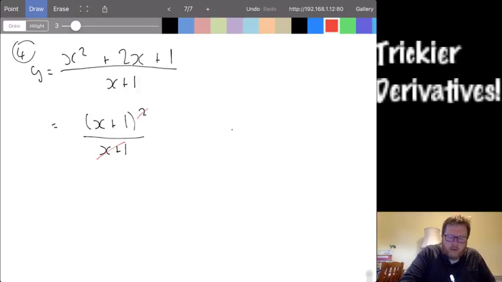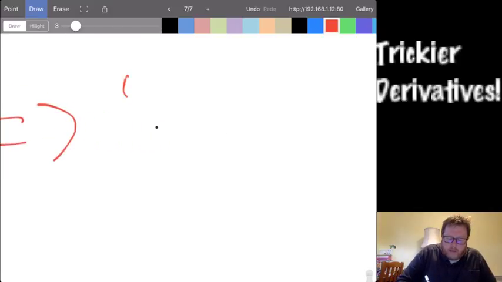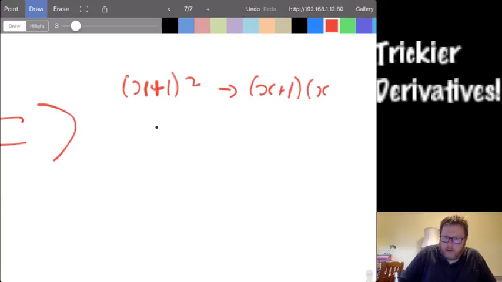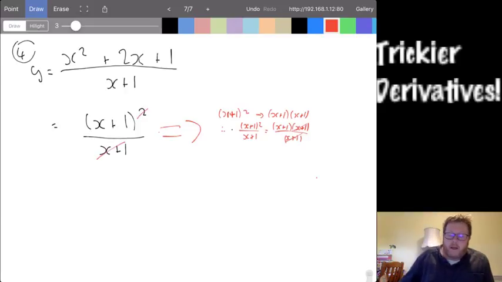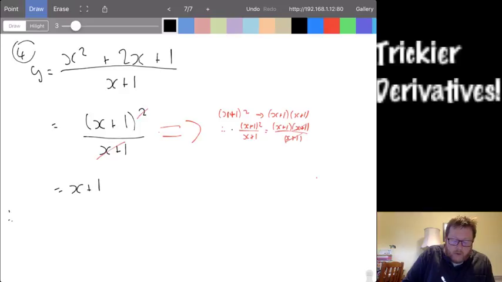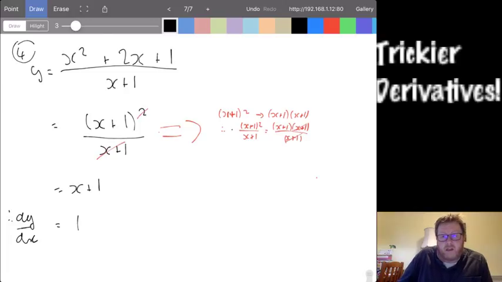Maybe I should drag that out a little bit. x plus 1 all squared is x plus 1 times x plus 1, and therefore x plus 1 all squared over x plus 1 is equal to x plus 1 times x plus 1 over x plus 1. I'm cancelling that out to give me my x plus 1. That's what I'm doing in my head there. So what am I left with? I'm left with x plus 1, and therefore the derivative, dy by dx, is equal to 1. Again, it looks horrible, but the derivative is simply equal to 1.